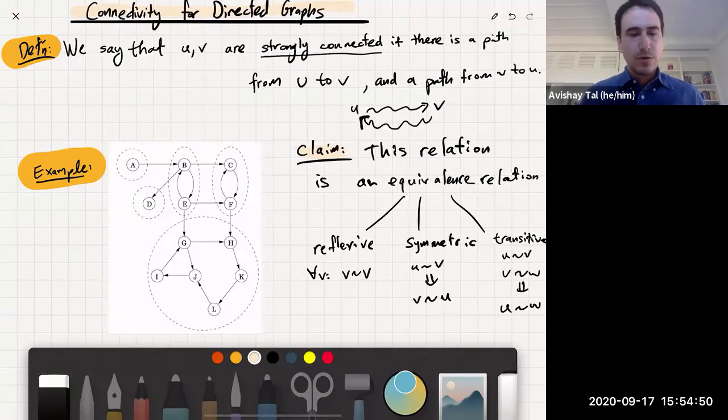All right, so we saw an example of how you take a graph without any assumption. It's not a DAG, it's just a directed graph, and how we partitioned it into the strongly connected components. Now, notice what would happen if we shrink every strongly connected component to one vertex. So the question is, how do we actually do it?